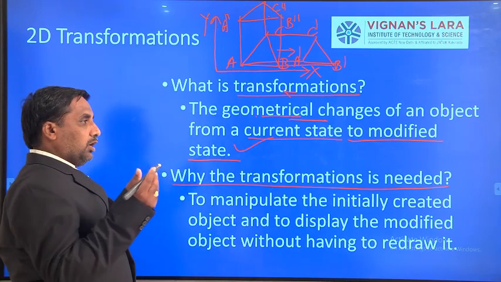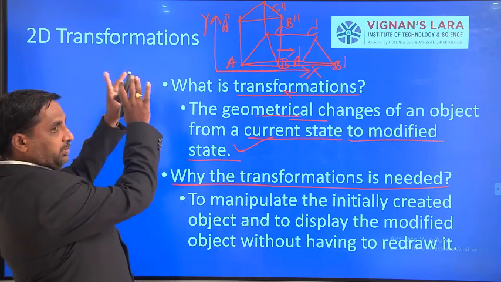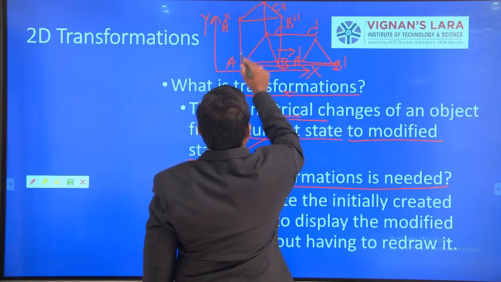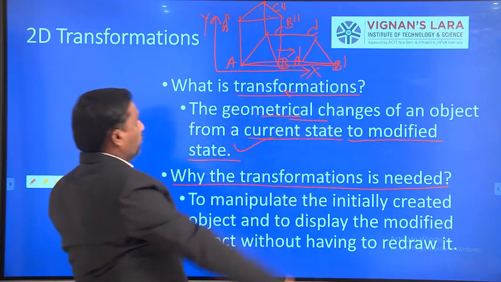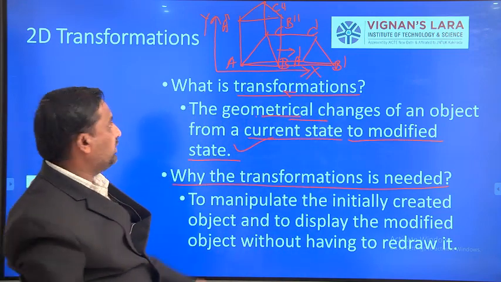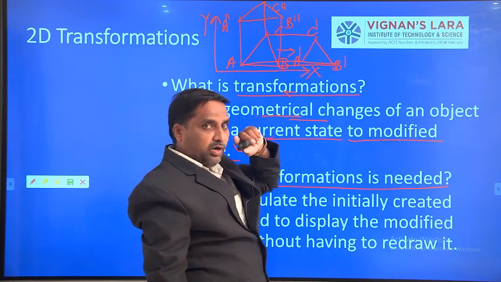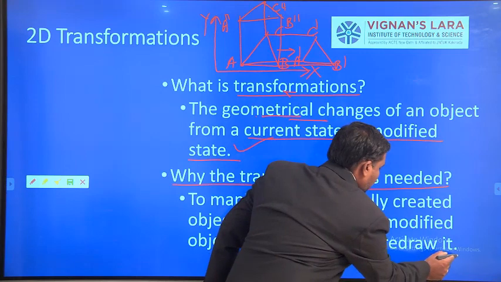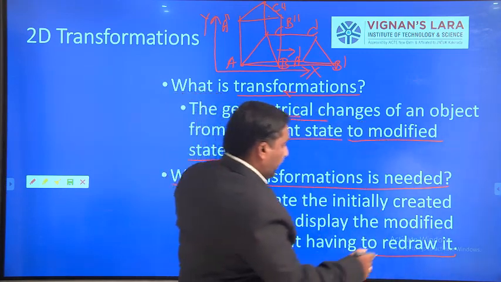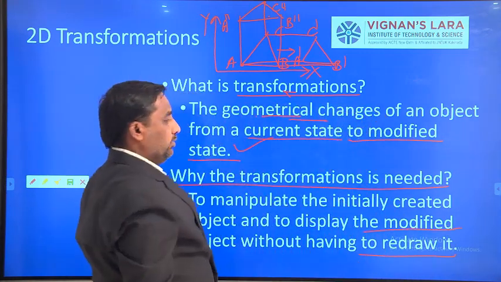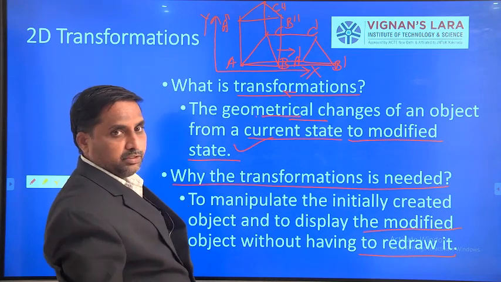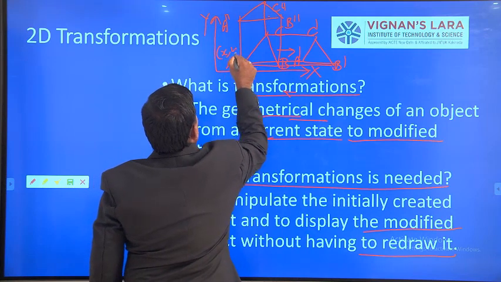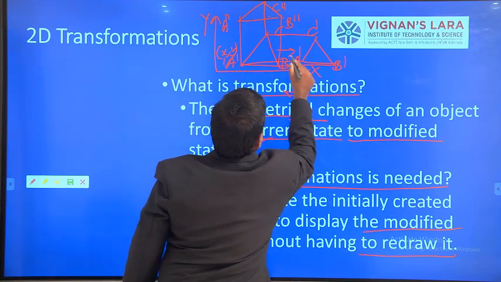So, without redrawing A dash, B dash, C dash, we just modify the coordinates of ABC to the required location. That is easier than redrawing the image. We can modify the image, then we will get the final image. Suppose in this 2D coordinate system, A has coordinates x1, y1, and the next one is x2, y2.